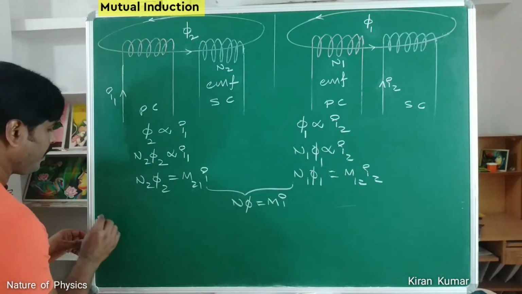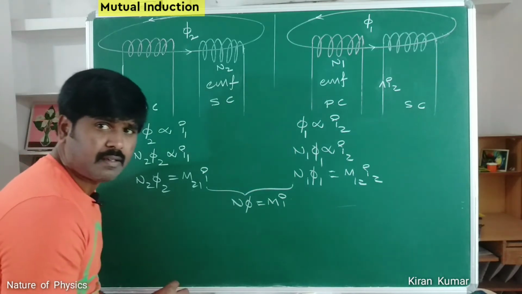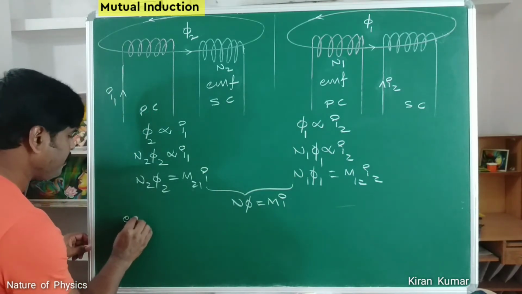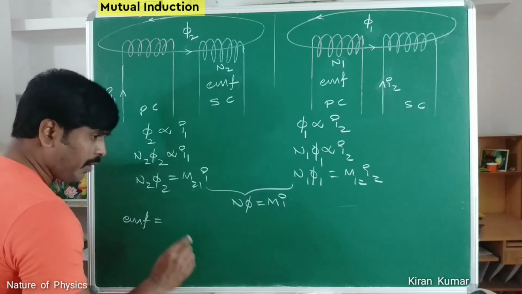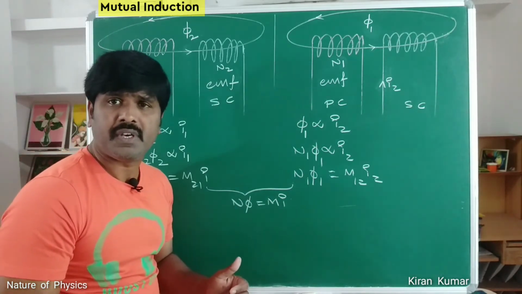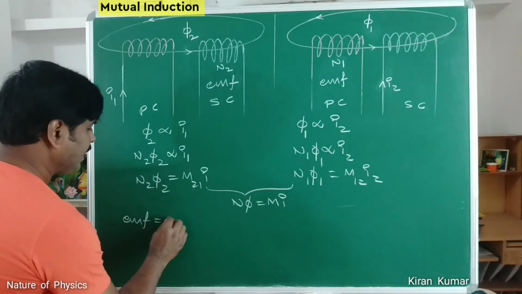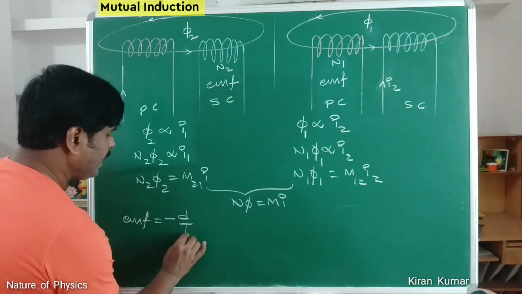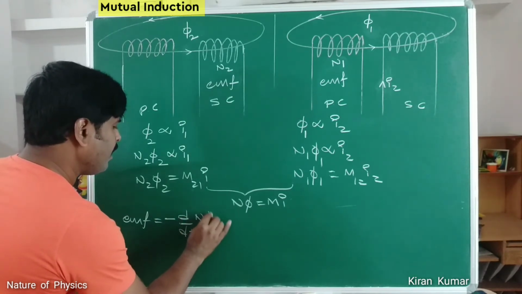According to Faraday's second law, the EMF induced in the coil is equal to the negative rate of change of magnetic flux, that is, minus d by dt of N phi.